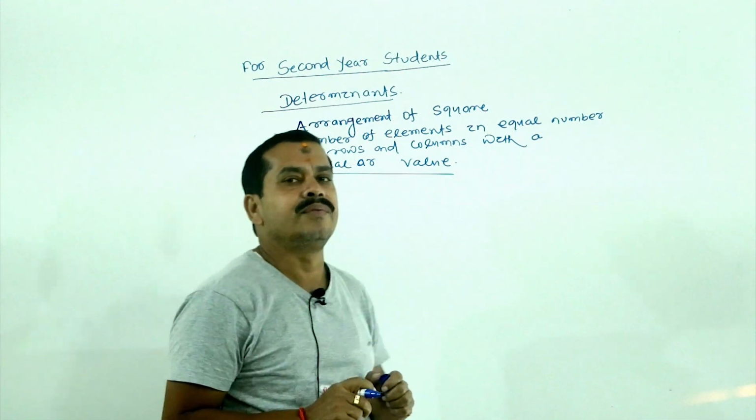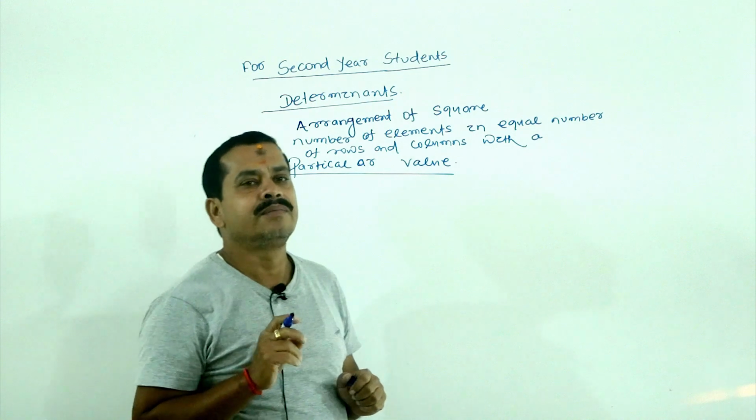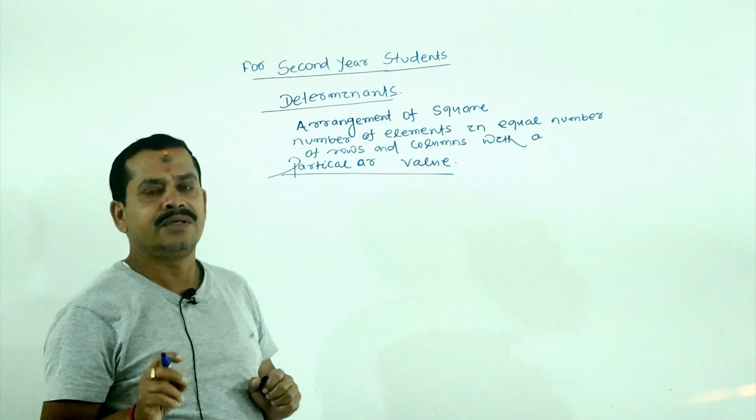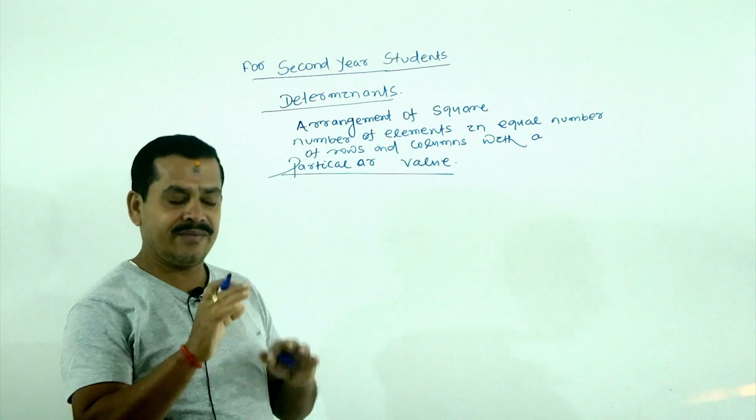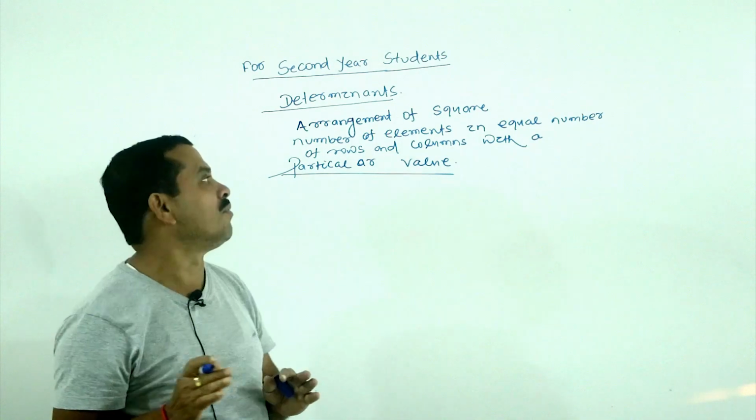Matrix has no value. Matrix is only the arrangement. But determinant is a value. Determinant is a particular value. We have arranged in equal number of rows and columns.